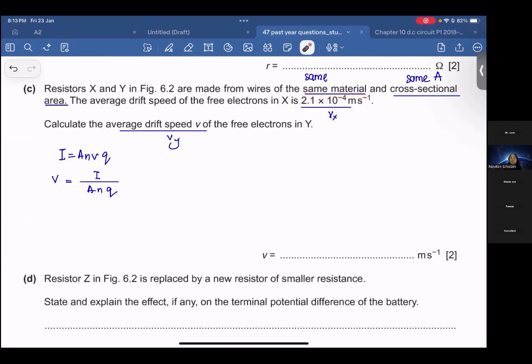The hint is same material. Washini, correct, very good, thank you. Dear, n should be the same. Same material, same n. Okay, so can you find it out? What is your Vy? Try.